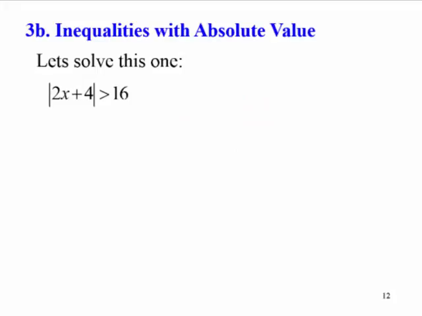Okay, if we have something like this, whatever's in the absolute value, we have to do that. So we have 2x plus 4 is less than minus 16, or 2x plus 4 is greater than 16. All those points work. Solve for x: we have 2x, subtracting 4, is less than minus 20, and x is less than minus 10.